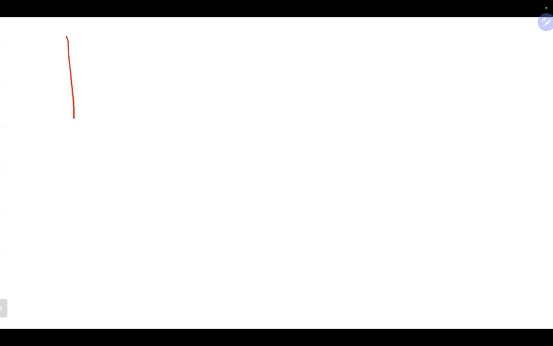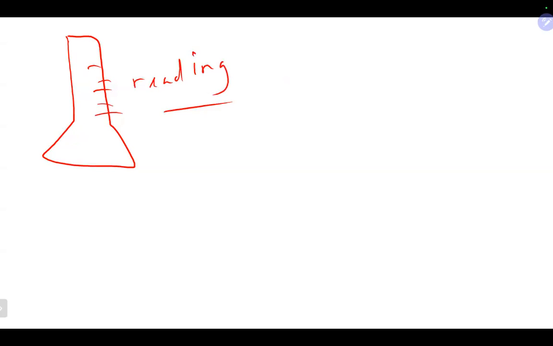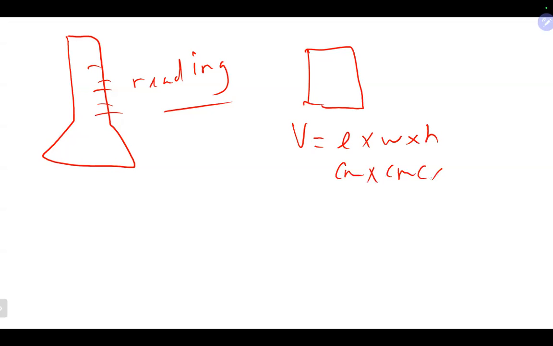Obviously we could simply put a substance into something like a graduated cylinder and take a reading, like you will do today in part 1 and 2, I think, of the experiment. The other way is we have some type of solid like we had the other day and also today. You could do your measurements of length times width times height, which once again will get you your volume in something like cubic centimeters.